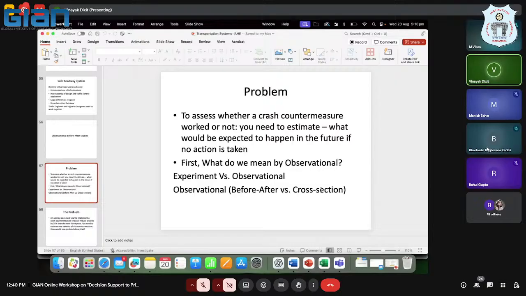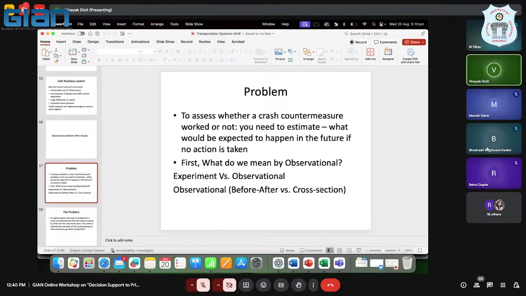What cross section means is, let's say you're looking at interventions at an intersection, and whether or not they're working. You would look at similar intersections with similar AADTs, places where there is the intervention and places where there's no intervention.